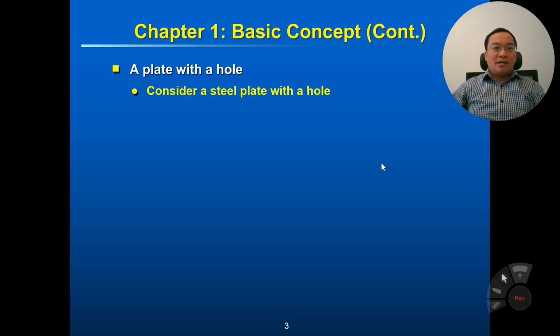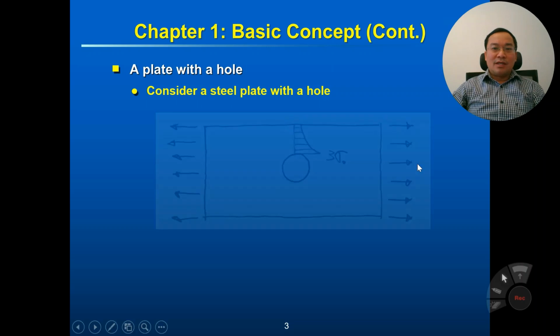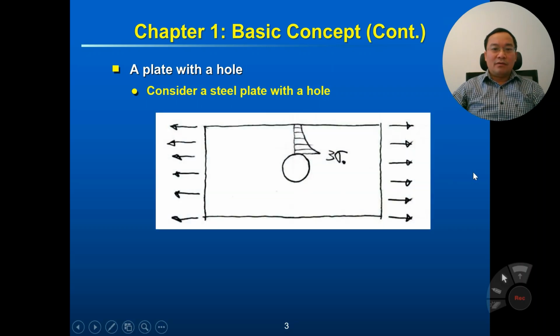Let's consider a steel plate with a hole, as you can see in this figure. Okay, this is a steel plate with a hole at the center, under tension condition.